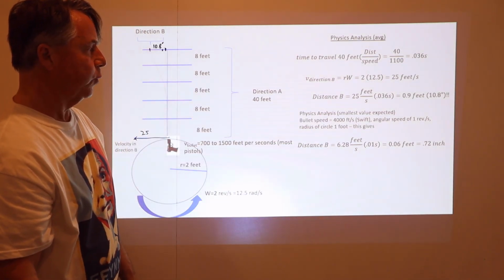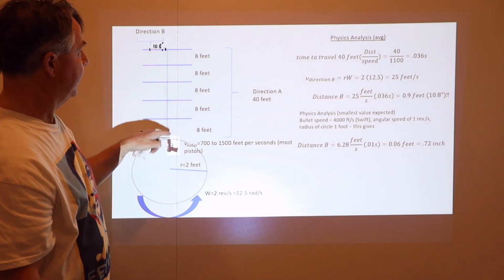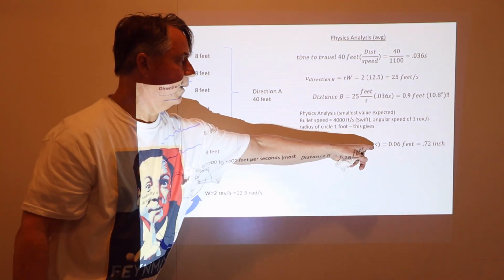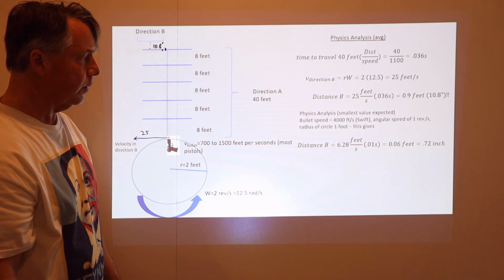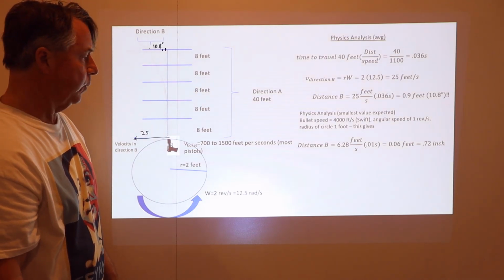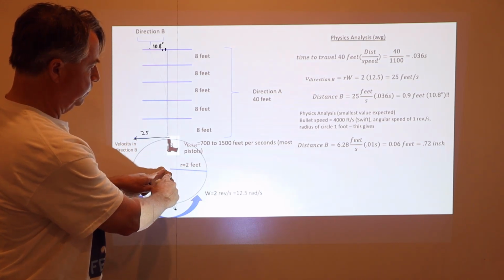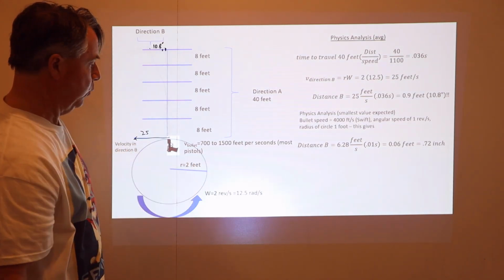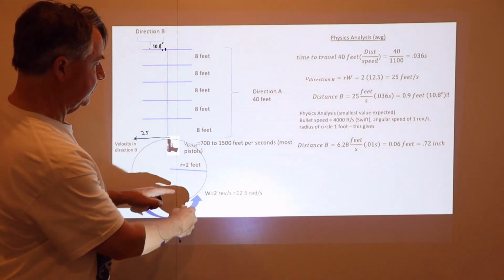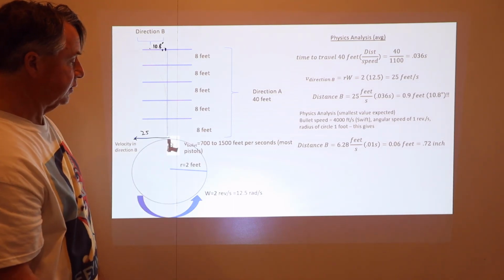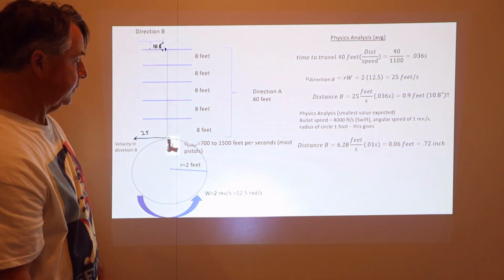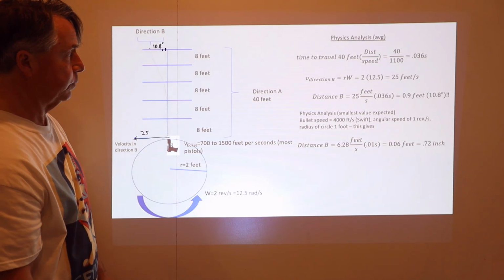At 4,000 feet per second, it would make it from here to here in 0.01 seconds. The other thing I assumed was that instead of this being 2 feet, it would be 1, and instead of 2 revolutions per second, it would be moving at 1 revolution per second.